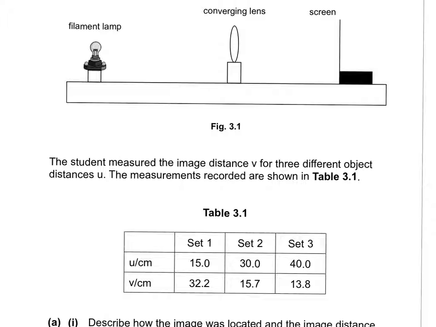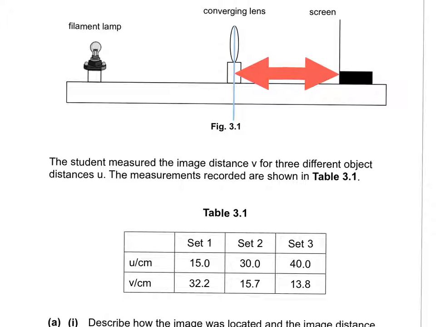And when we moved the object distance to 40, we found that the screen only had to be 13.8 centimeters. So you set this up, and then you move this screen until you see a sharp image, and then you measure out the image distance. And so that's what you're explaining.